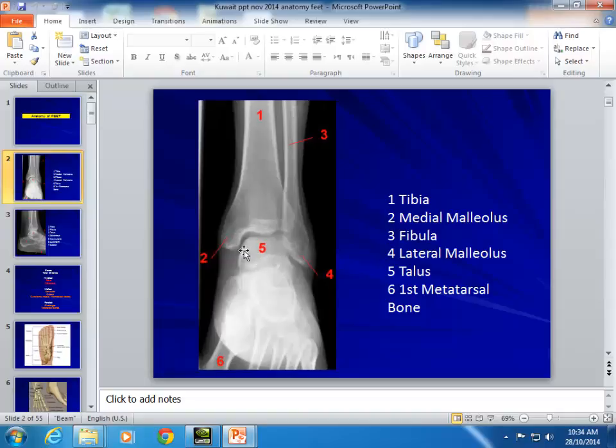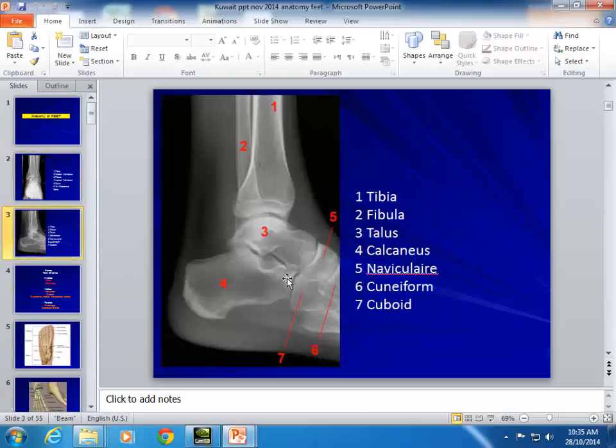So the articulation is, this is the medial malleolus articulating with the medial process of the articular surface of the talus, and the lateral malleolus of the fibula articulating with the lateral process, the articular process of the talus.